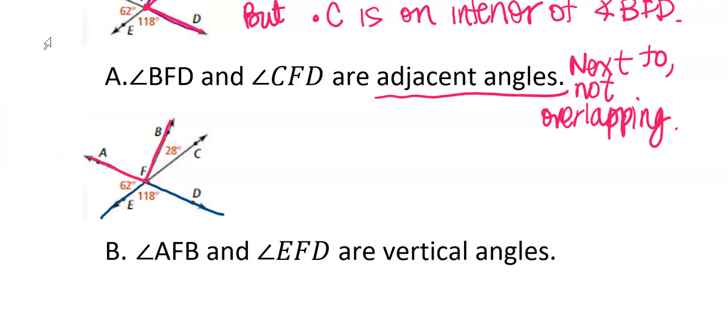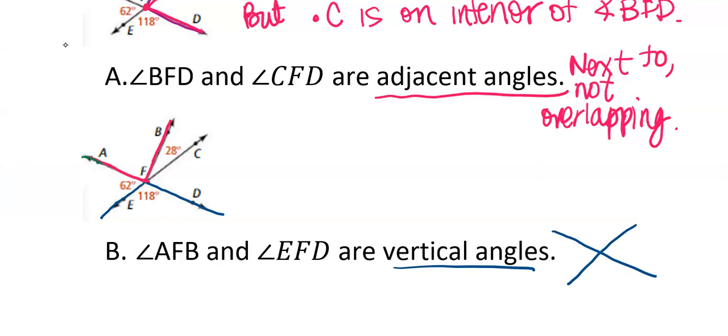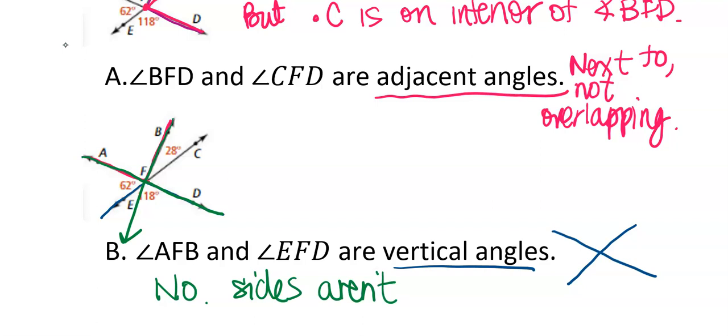Okay, so what we have to remember about vertical angles is that you need a perfect X. So if we look at that, this one makes a perfect line, but this one doesn't. So I'm going to say no. Sides are not opposite rays.